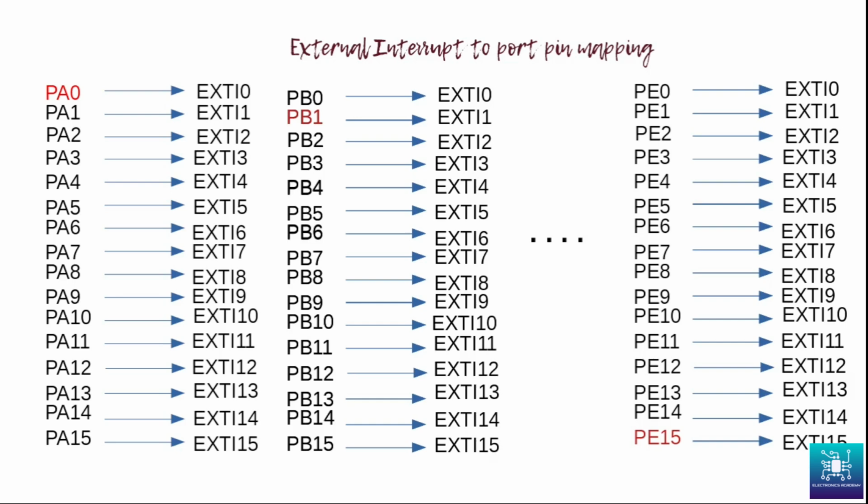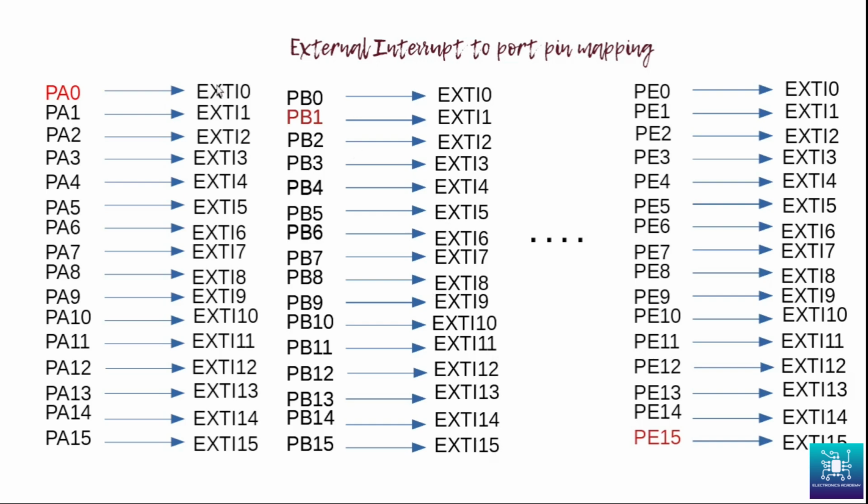So that's for a different purpose, but in general, it is port A to E. Now, as you can see in this slide here, these are all the pins for port A. That is, there are 16 pins for port A, 16 pins for port B. It goes on for port C, port D, and then up to port E.